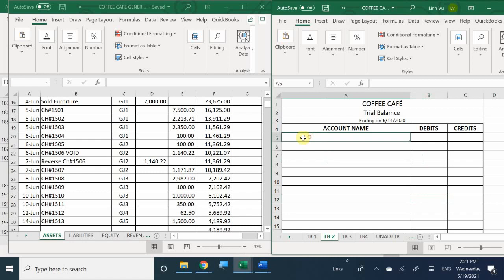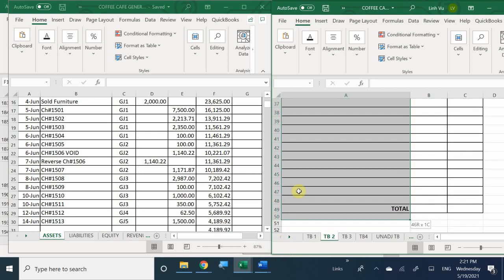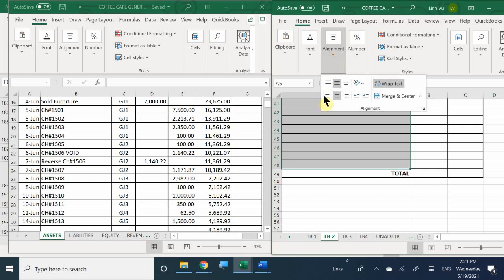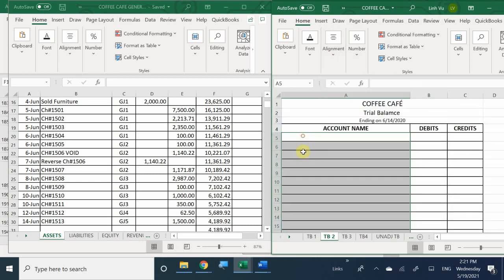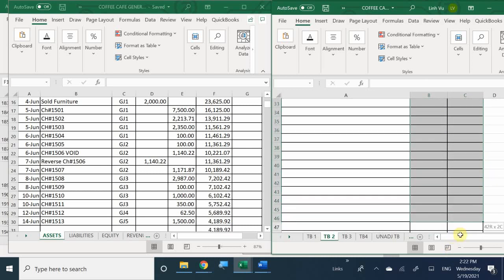Trial balance number 2. What we're going to do here is go through every single account that you see has an account balance. So here I'm just going to format my cells real quick. I'm going to make them so that they view the way I like it.